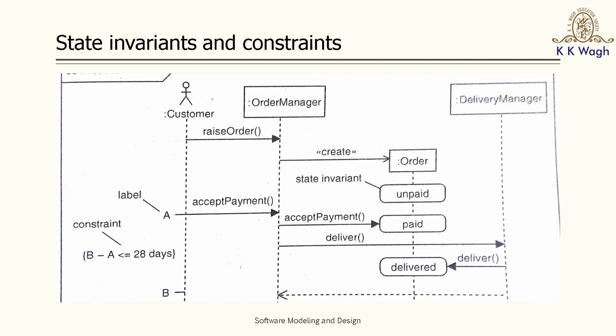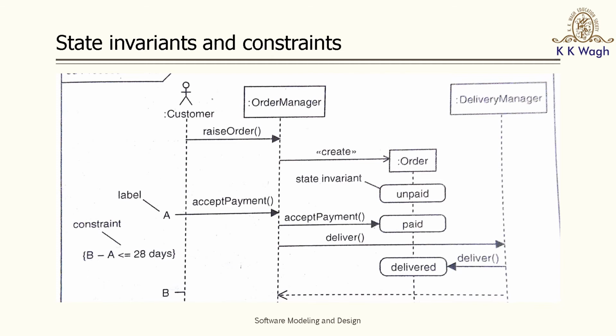Now you can see that when an order instance is created, it immediately transitions to the state unpaid. So this is a state invariant, because as soon as the order is created, the state is changed, which is shown by a rounded rectangular box here.